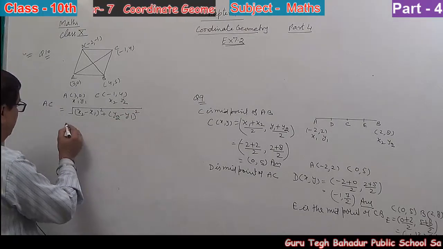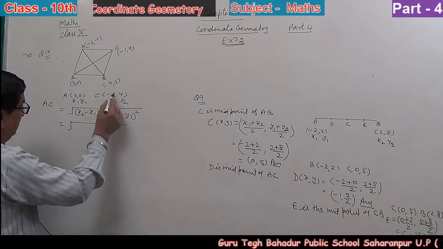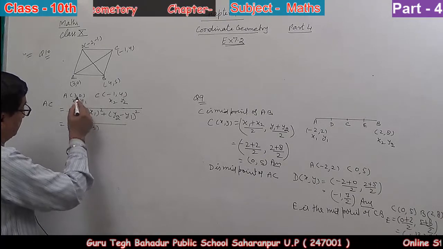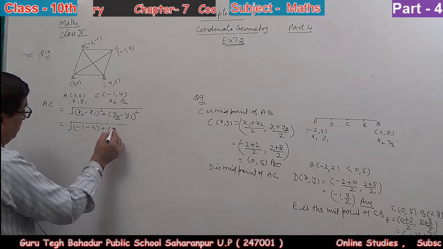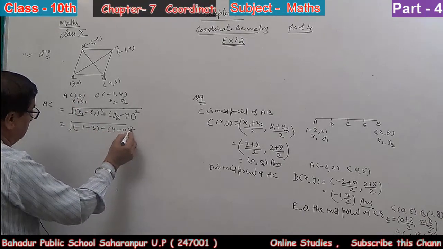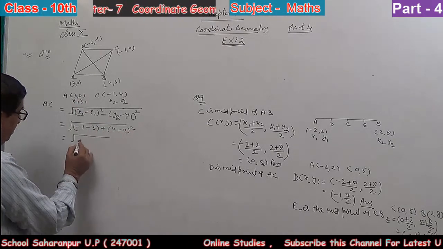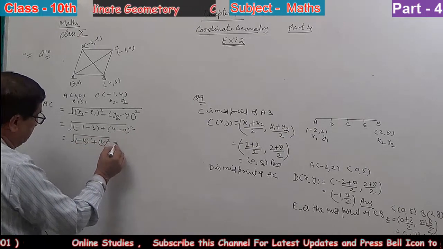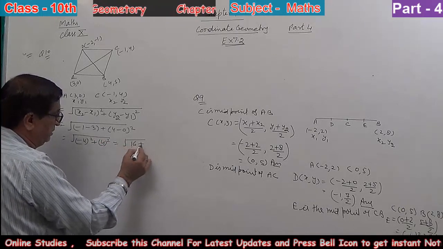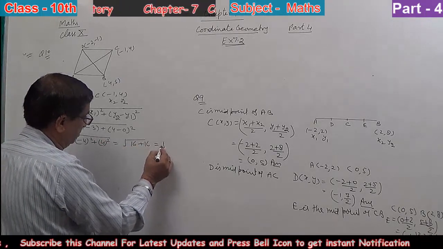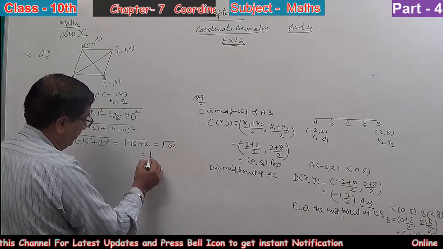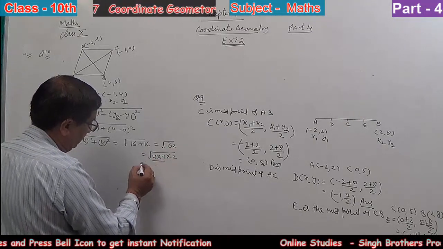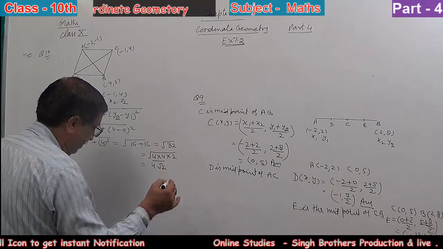Apply the distance formula. x2 is minus 1, x1 is 3, y2 is 4 minus 0. So it is minus 4 square plus 4 square. It is equal to 16 plus 16, that is equal to root 32. It can be factorized as 4 into 4 into 2, make it a pair, 4 root 2.